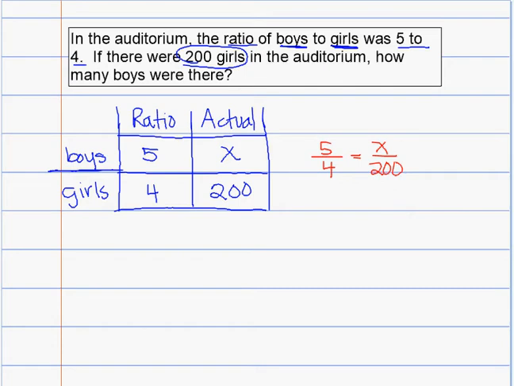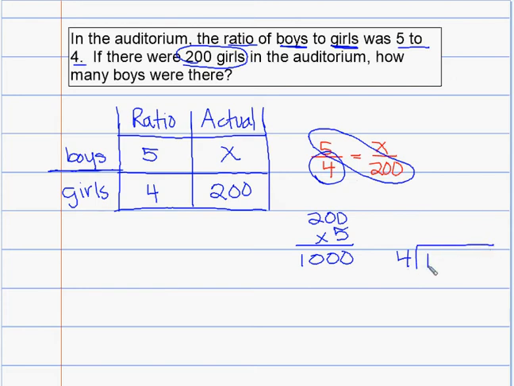And I can again do cross products. 5 times 200, 1000, and then divide that by the 4, and you get 250. So there are 250 boys that are there.